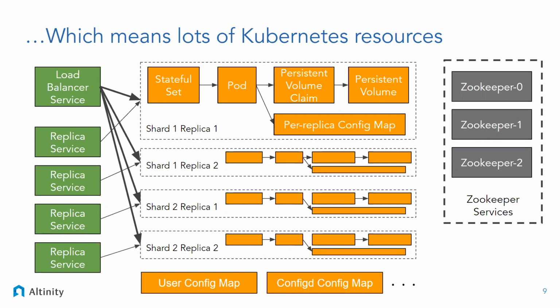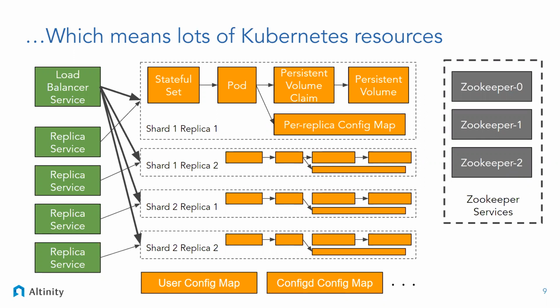Mapping to storage, there may be multiple volumes. You can see how this very quickly runs into dozens, or in extreme cases, even hundreds of resource definitions that need to be pushed into Kubernetes and then properly managed.